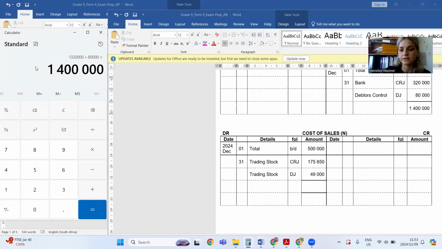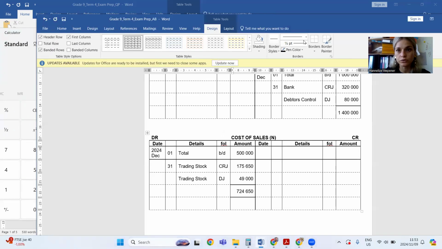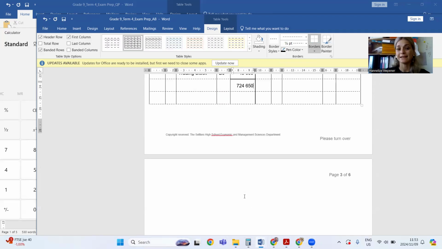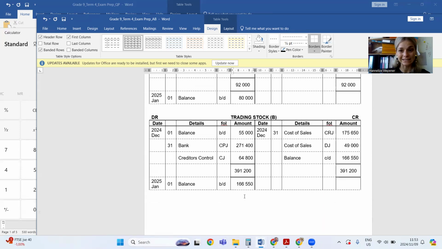Same for cost of sales, so 500 plus 175 plus 49,427. Here I have to remove my double line. I shall do that now. 2650. Let me just quickly do this so that you don't get confused. There, no double lines.